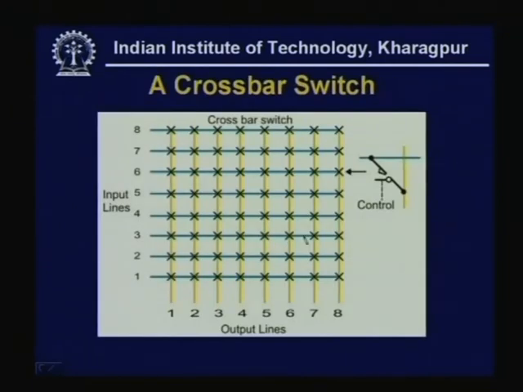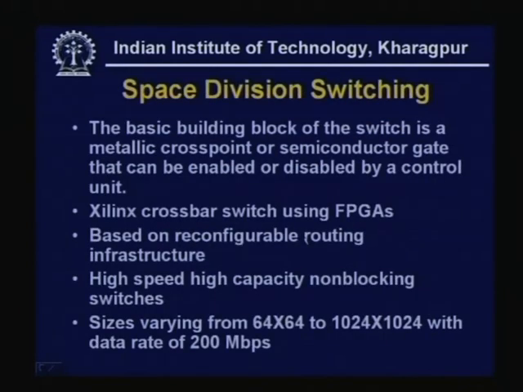Originally these crossbar switches had metallic cross points or semiconductor gates that can be enabled or disabled by the control unit. And of course, the early electromechanical switches were not very reliable, were bulky, and used to consume lots of power.